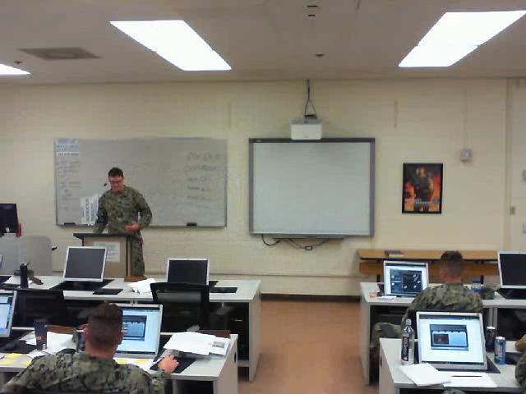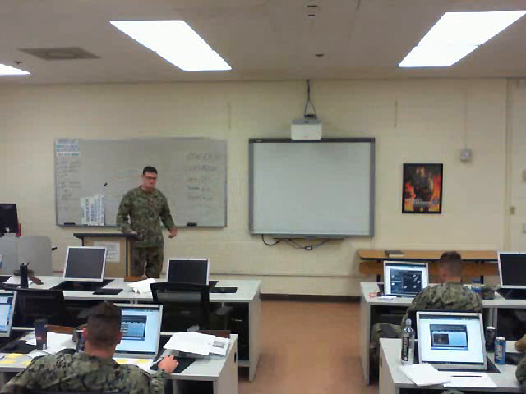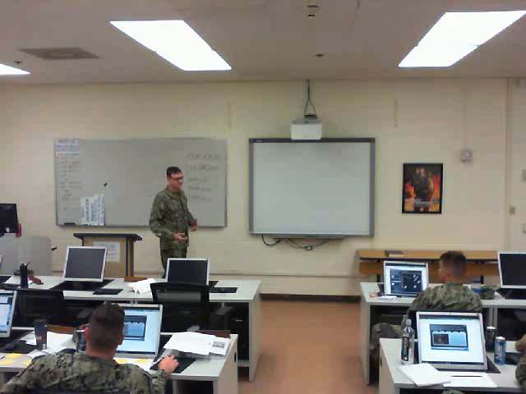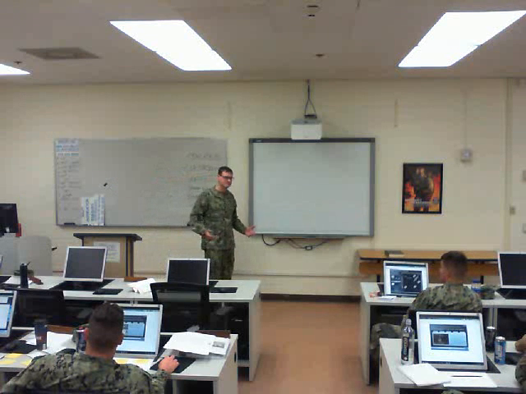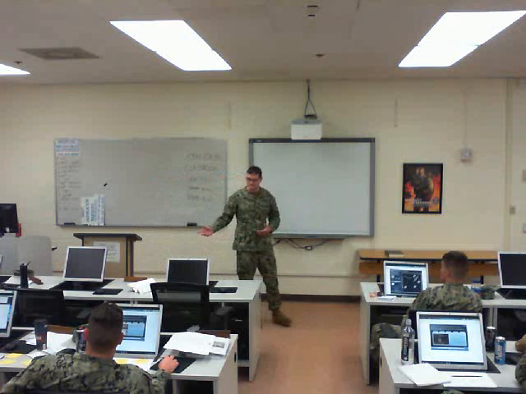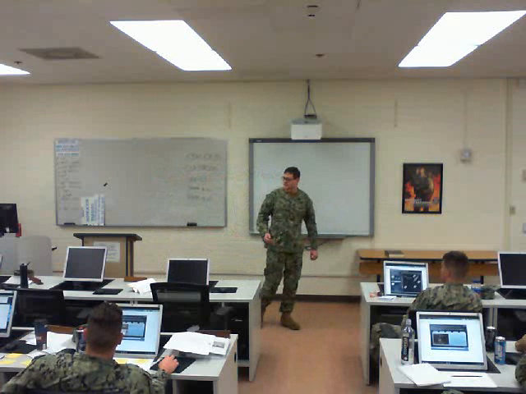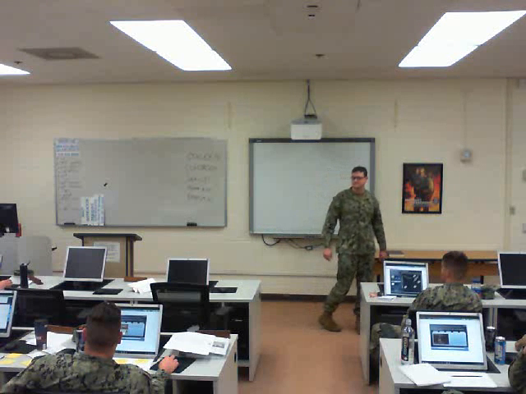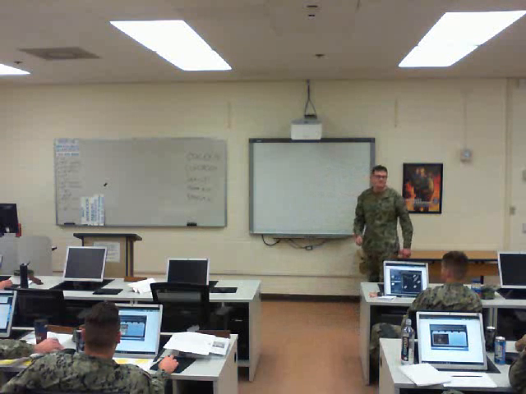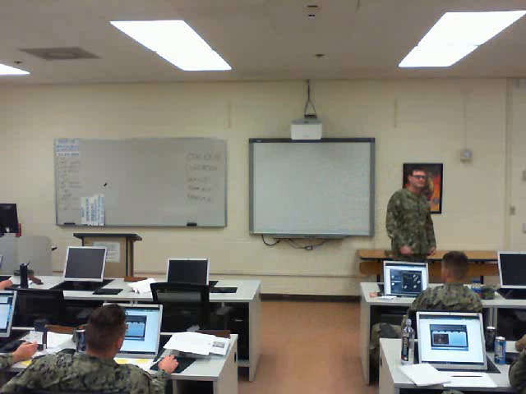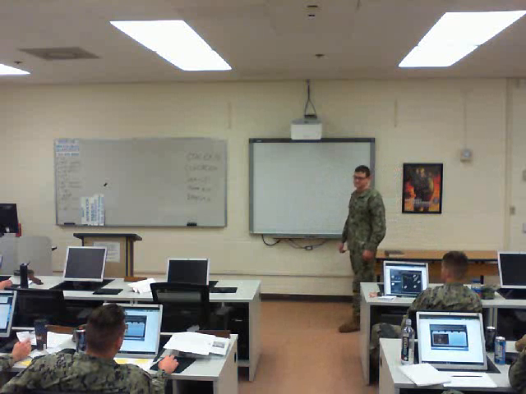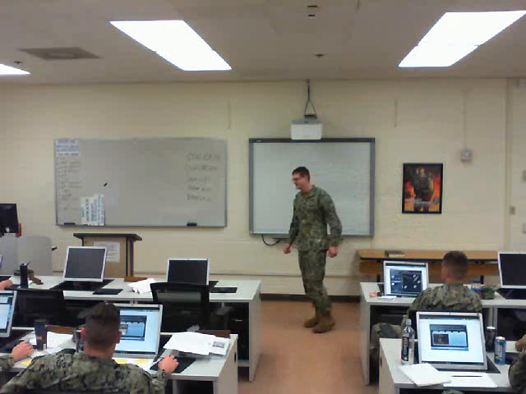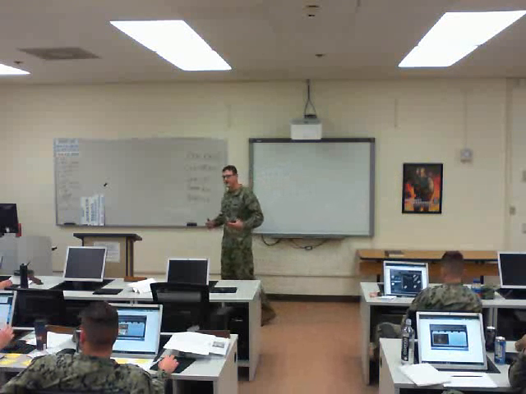Of these multiple types of layouts, what do you think some of the consequences of a poorly designed layout would be? A hint, an example of that would be my story at the beginning about where I was sitting. Anyone want to weigh in? Would you like me to repeat the question? Yes, please. Okay.